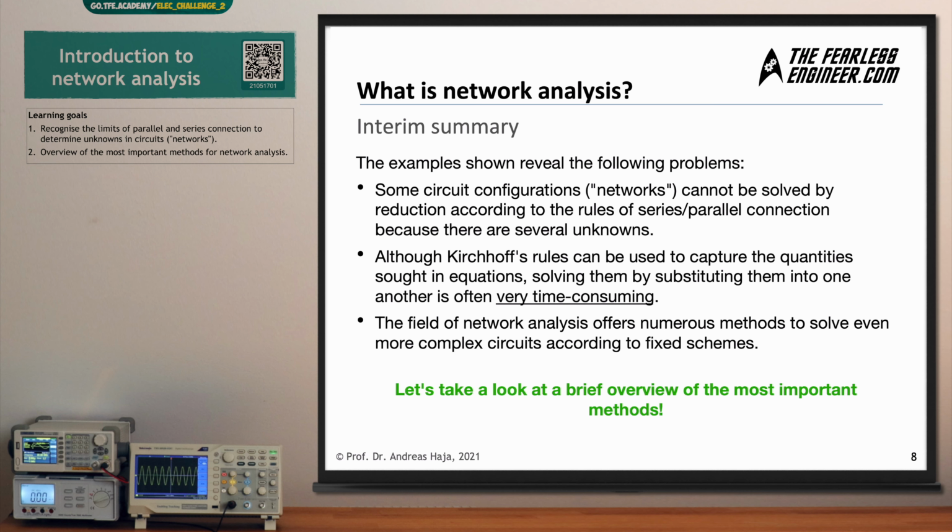We can use Kirchhoff's laws, but although Kirchhoff's rules can be used to capture the quantities we are looking for in the equations, solving them by substitution is very time consuming. And this field of network analysis we are entering into now offers numerous methods to analyze very complex circuits, even according to a fixed scheme, which we can also, let's say, transform into an algorithm, a program to help us solve such a thing automatically. Let's take a brief look at the most important methods from this field.